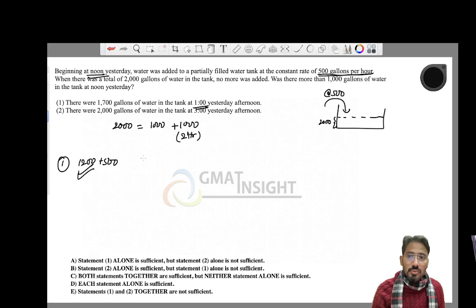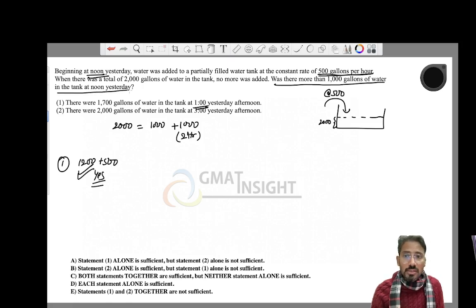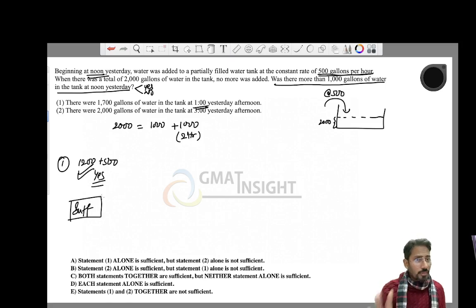So we can answer the question as definitely yes. The question was whether there was more than 1000 gallons of water in the tank at noon yesterday, to be answered as yes or no, and we have answered definitely yes. Therefore clearly it is sufficient. The moment it is sufficient, you can rule out three options. We are left with only two choices, AD, BC are out.